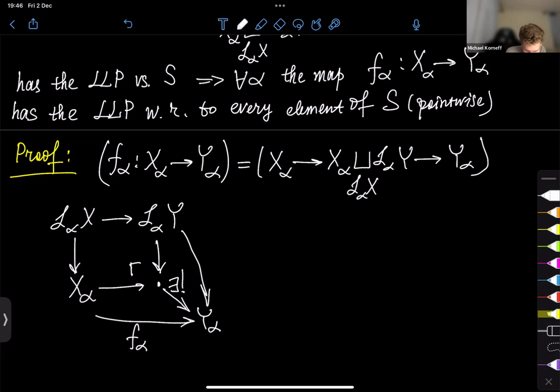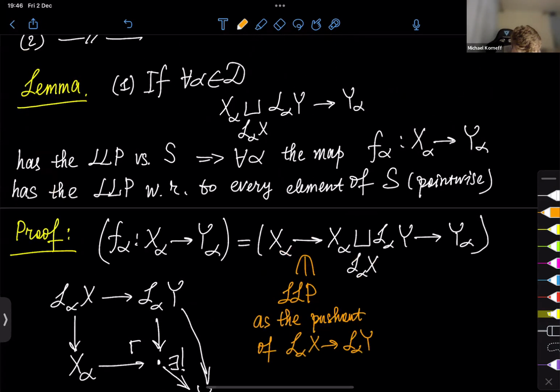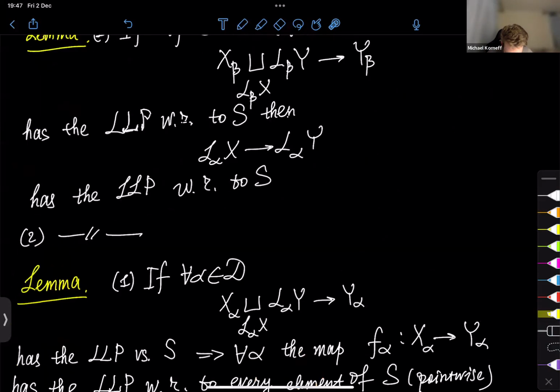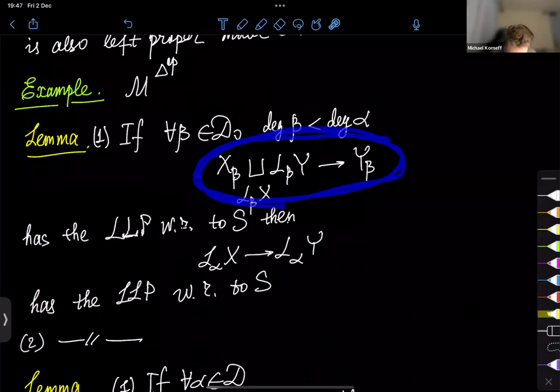We know that this map has a left lifting property at the pushout of the map. We know that by the previous lemma, we have the left lifting property here.